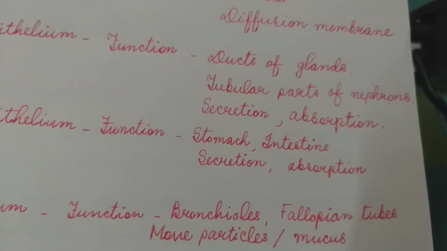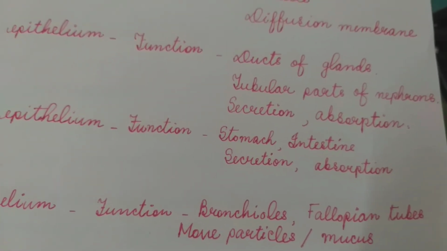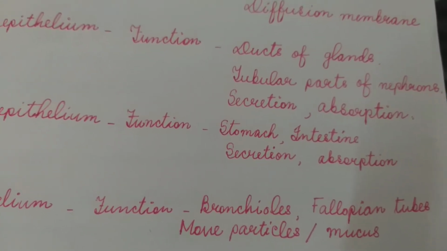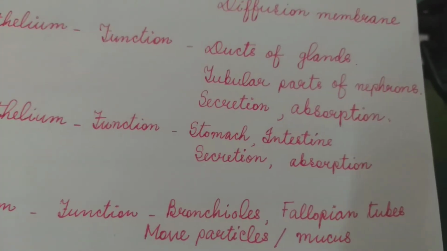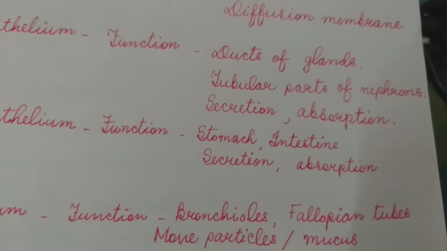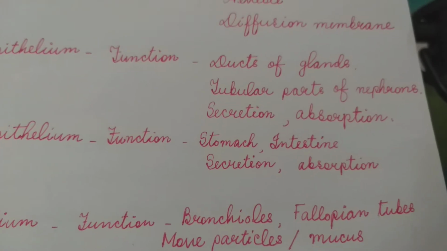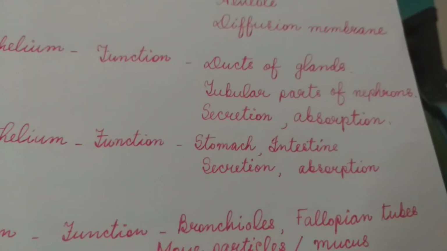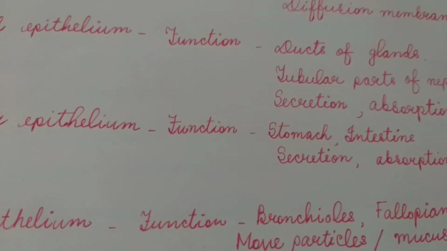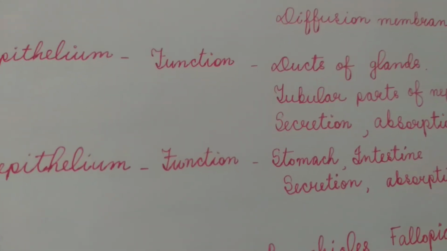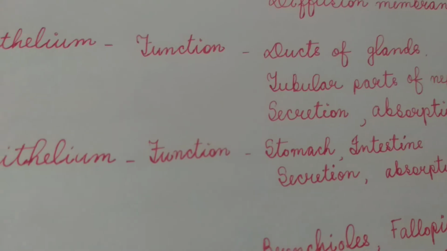The cilia present on their free surface help in the movement of particles, mucus or gametes in a particular direction. Gametes in case of the fallopian tube.